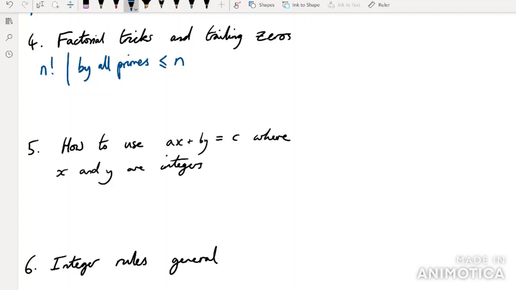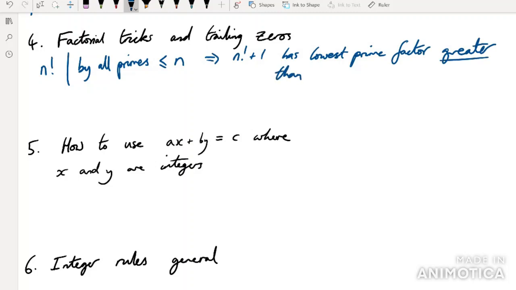But then the important corollary to that is that n factorial plus 1 has the lowest prime factor greater than n. And that's because every single prime factor below n will leave a remainder of 1.